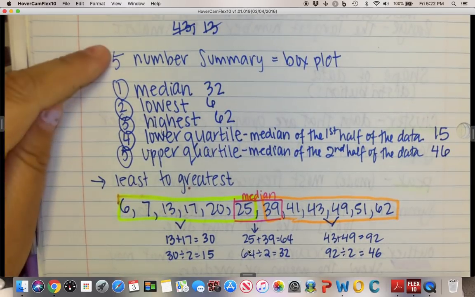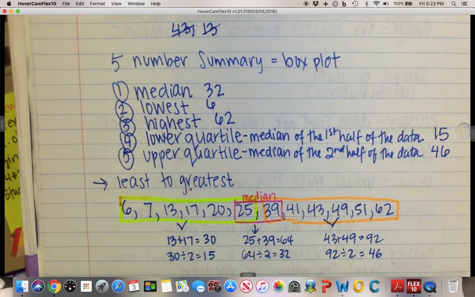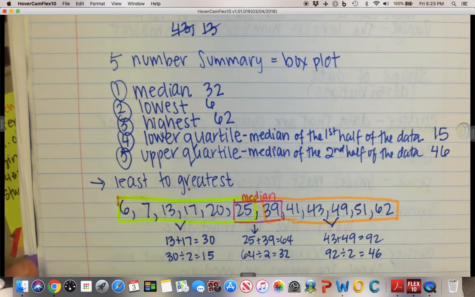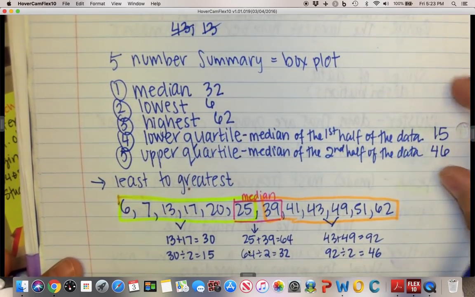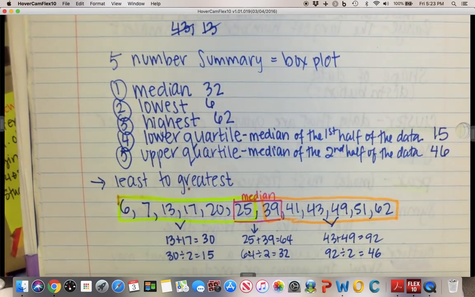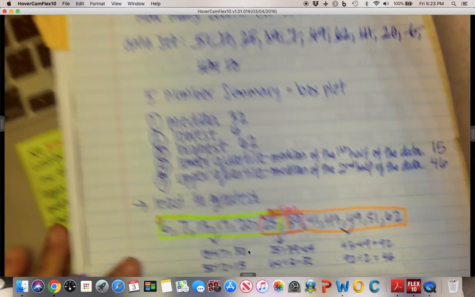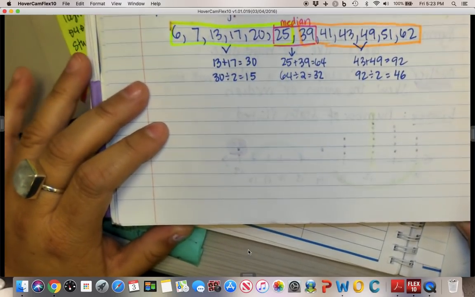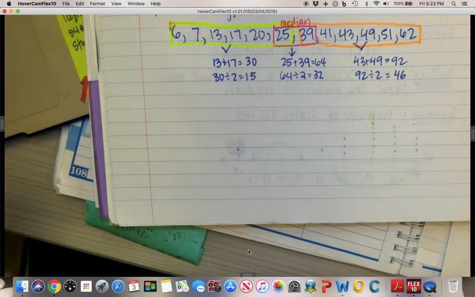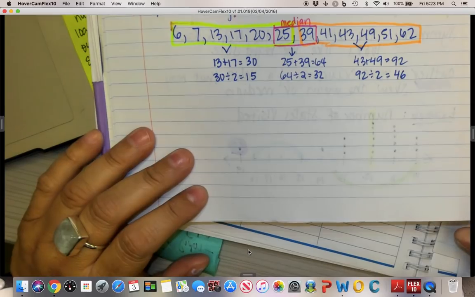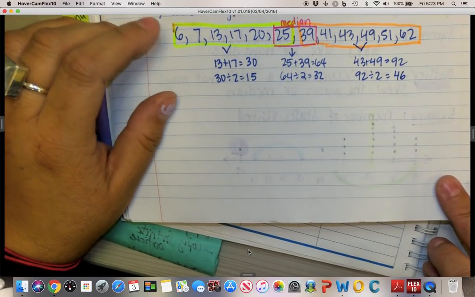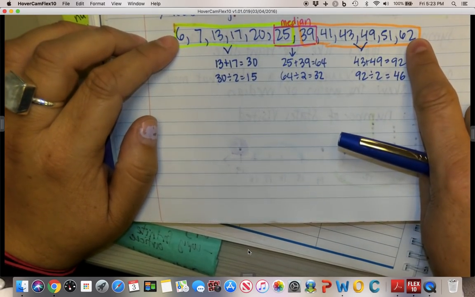Now that I have my 5-number summary, I'm going to make a box and whisker plot. And how I do that is I'm going to take these numbers and make something that looks, well, I'll show you. Alright, first we start with a number line that goes from 6 to 62.